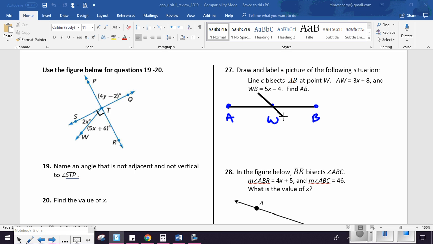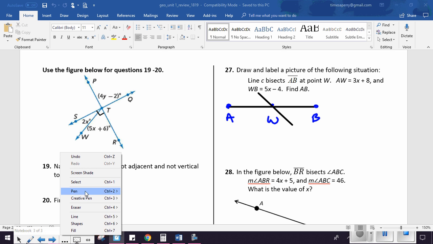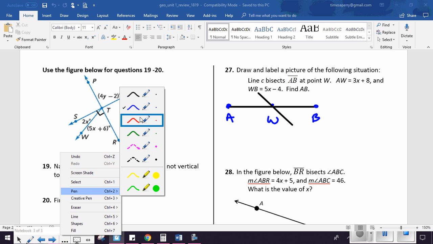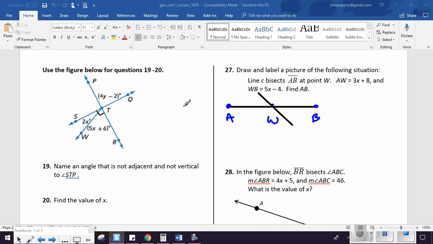Bisect means that it splits the segment into two congruent parts. So A to W is congruent with W to B. That means W is your midpoint.